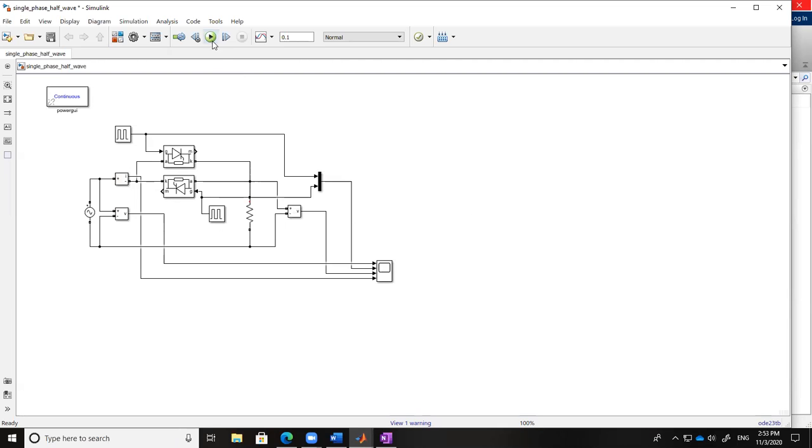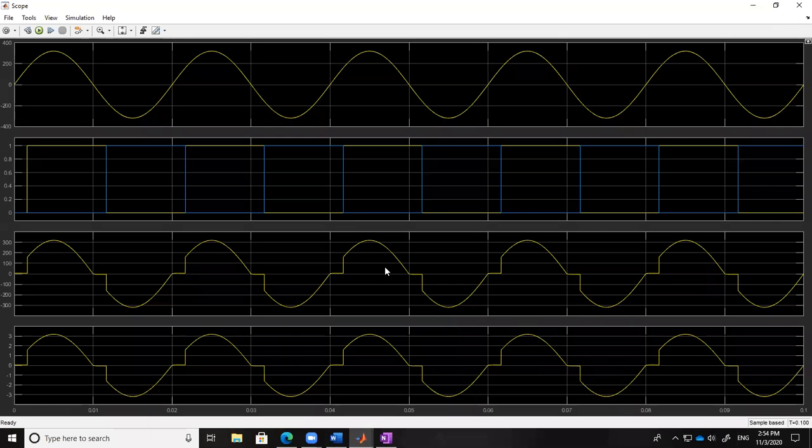And now let us see the performance. The first one is the AC voltage, which is coming at our home, the domestic one, right? The second is the firing pulse, right?